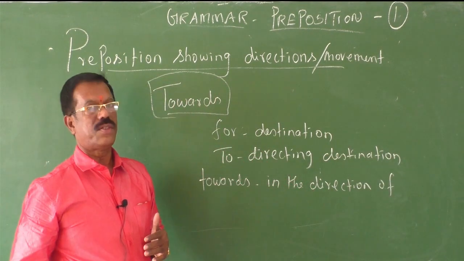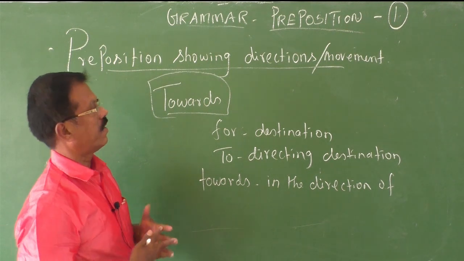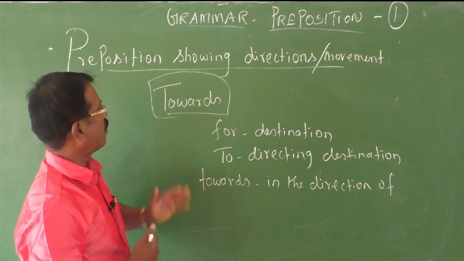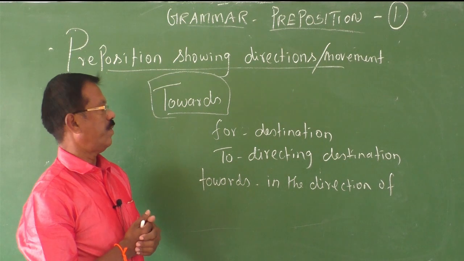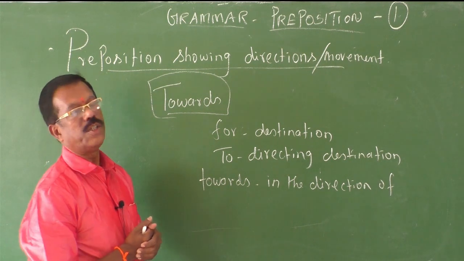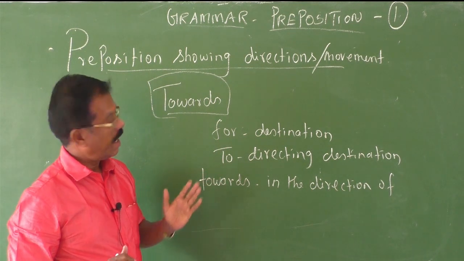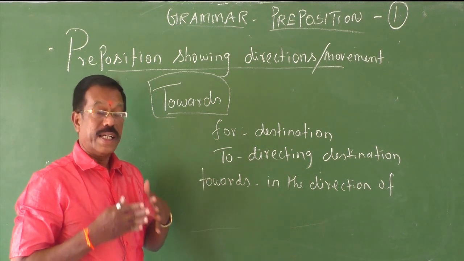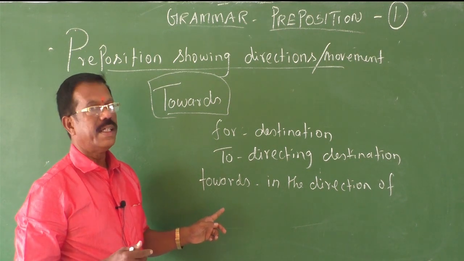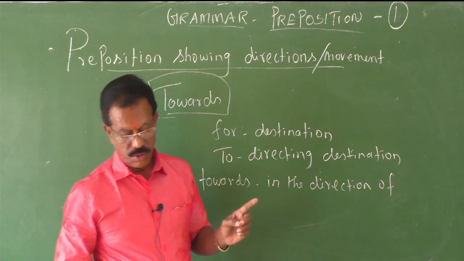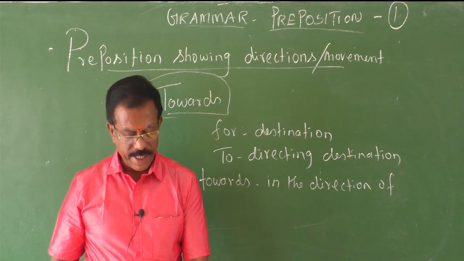So I am going to list here all the prepositions showing directions as well as movement. If you want to refer towards something, then you can use these prepositions: for, to and towards. For is used to refer to destination, and to refers to directing destination. Towards is used to refer to in the direction of. You should know the difference. Okay, could you understand?